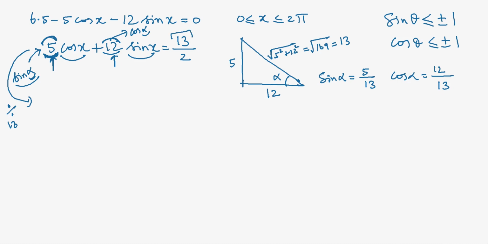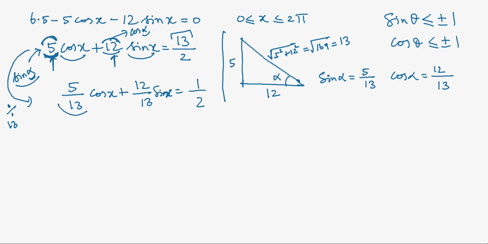Actually, there is a clue here also that 13 comes, so that will look like 5 over 13 cos x plus 12 over 13 sin x will be equal to half. Are you with me?